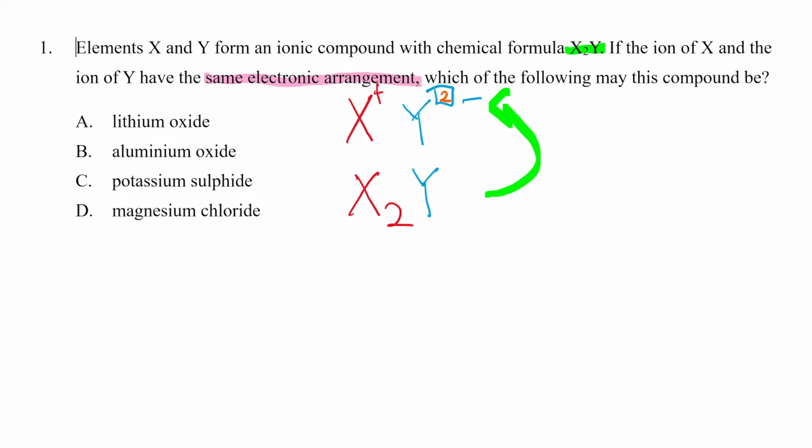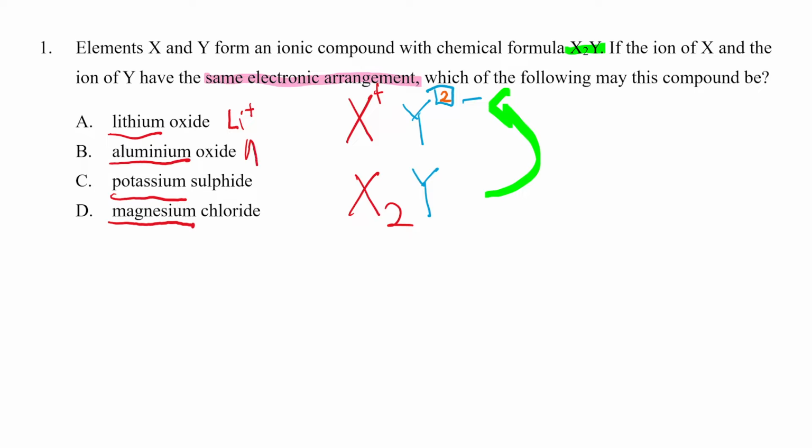So let me look at my options here on the left. Lithium oxide. To make things simple, anything on the left here, you'll notice they're all positive charges because they're metals. So I'm going to write it down here so it's easier. Lithium, because it's in group 1, all elements in group 1 have a 1 positive charge.